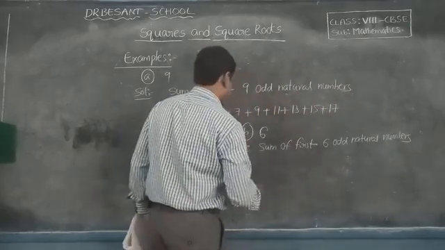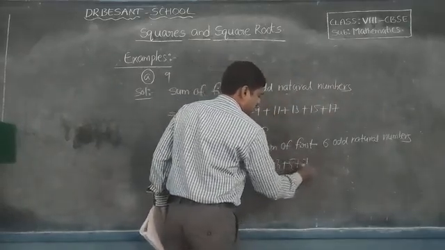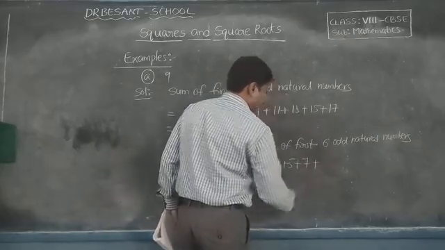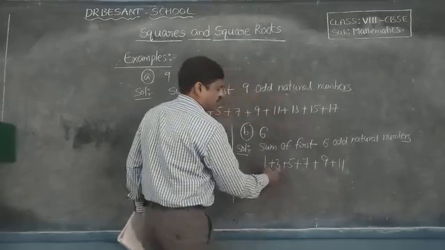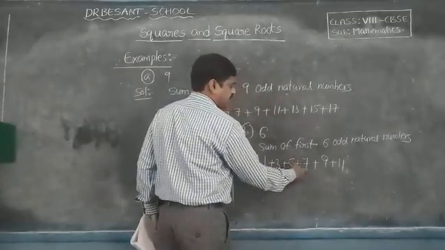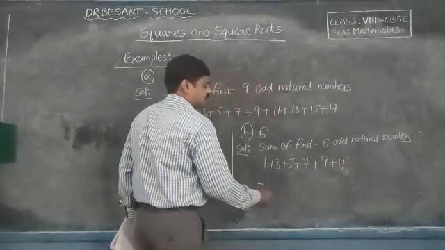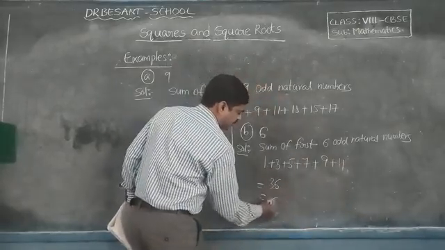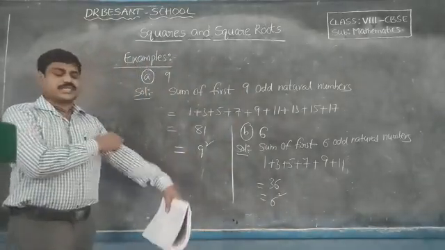That means 1 plus 3 plus 5 plus 7 plus 9 plus 11. 1 plus 3 is 4, 4 plus 5 is 9, 9 plus 7 is 16, 16 plus 9 is 25, then 36. That is equal to 6 square. So this is another example.